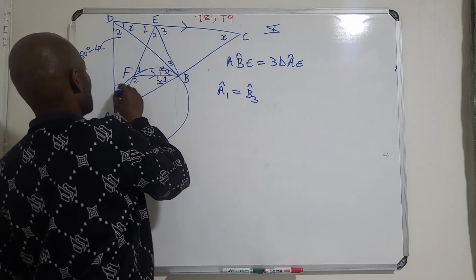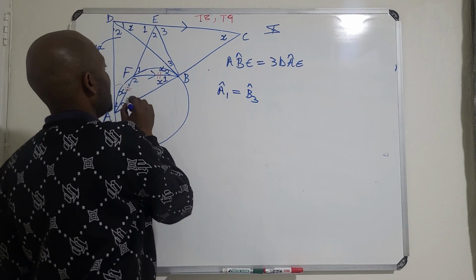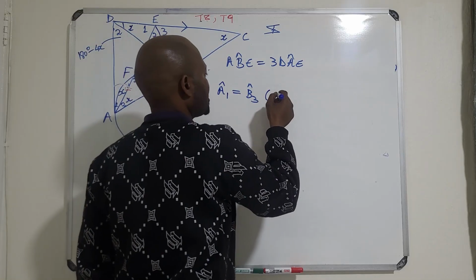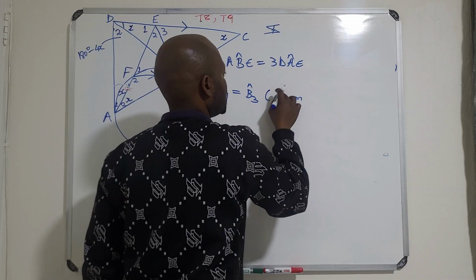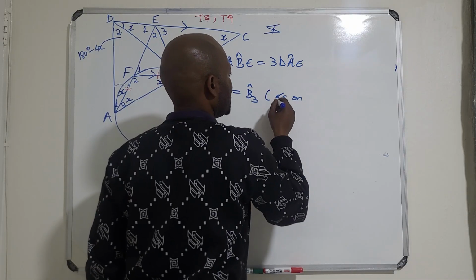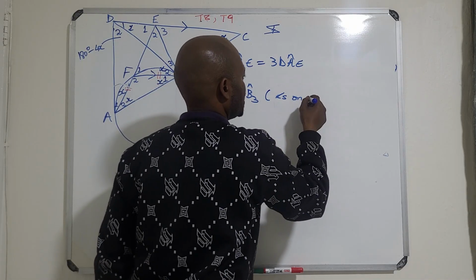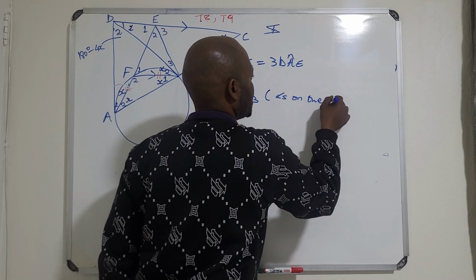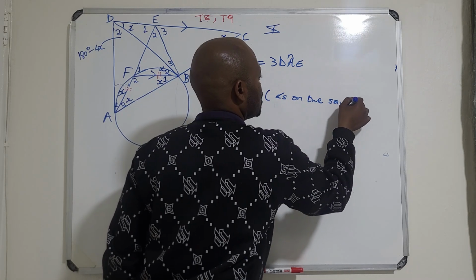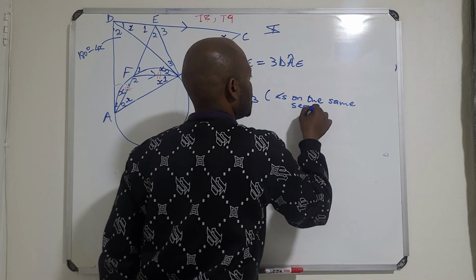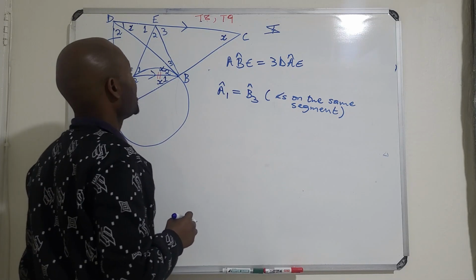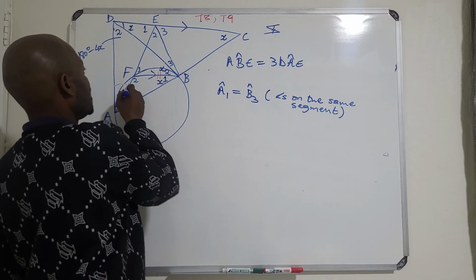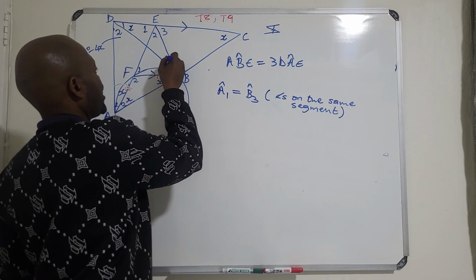This angle is equal to this angle. Angles on the same segment are equal, because this angle is equal to that angle there.